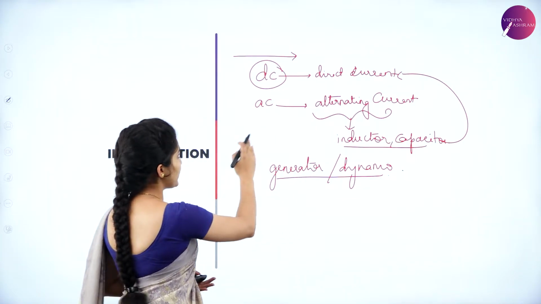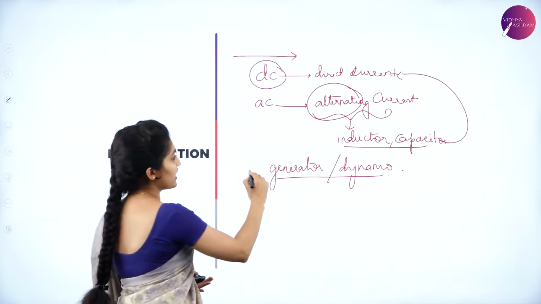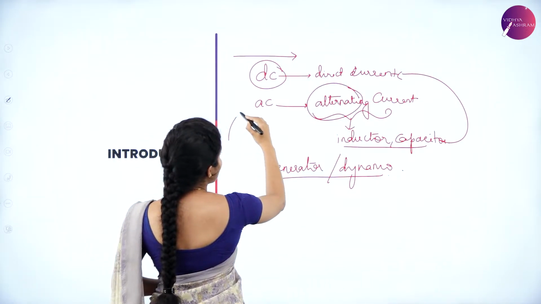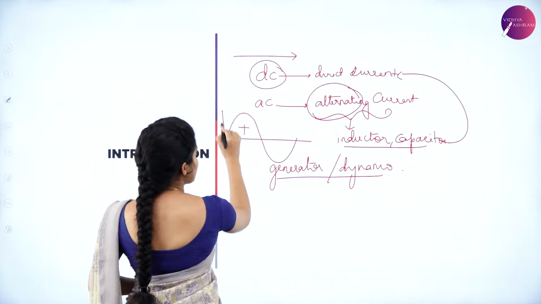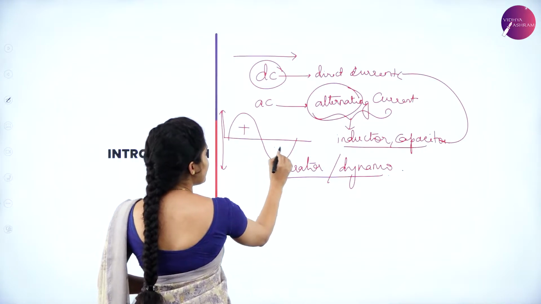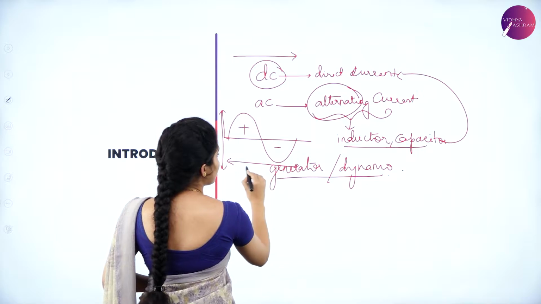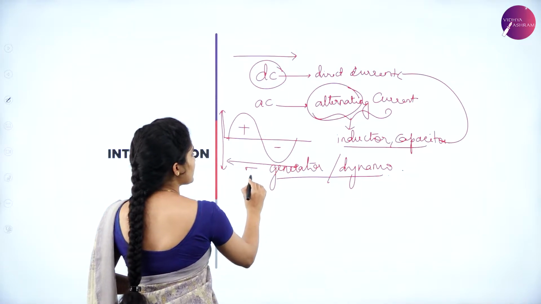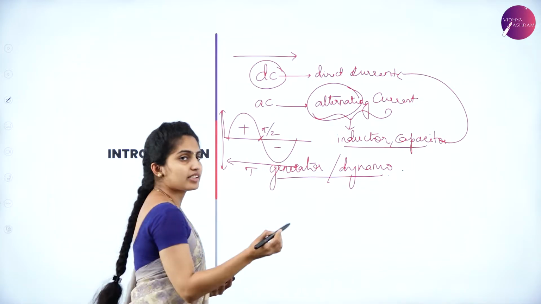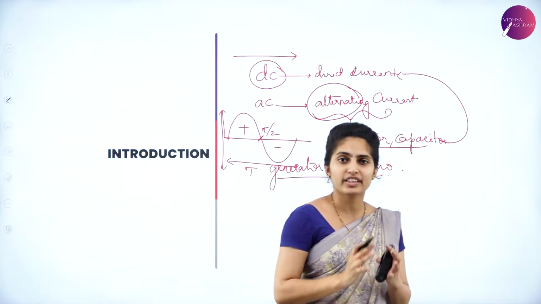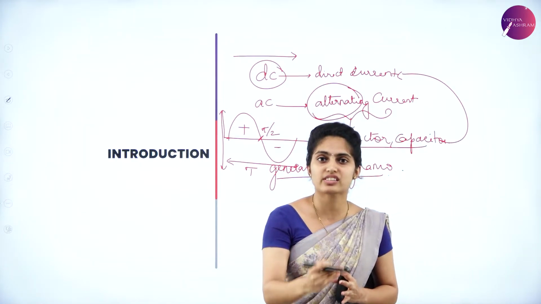Whereas in case of alternating current, it alters the direction, which means if the first half cycle is positive, the next half cycle is negative. So this is the positive half cycle and this is the negative half cycle. From here till here it is the complete cycle in a certain time interval T, but at this point it is half the cycle, that is T by 2. Alternating current is the current which alters its direction.